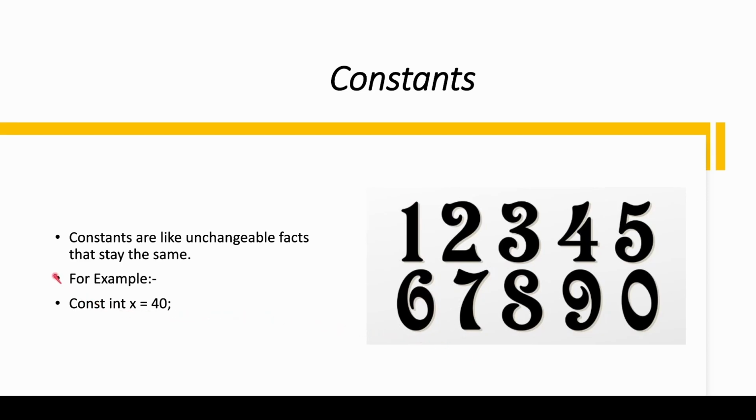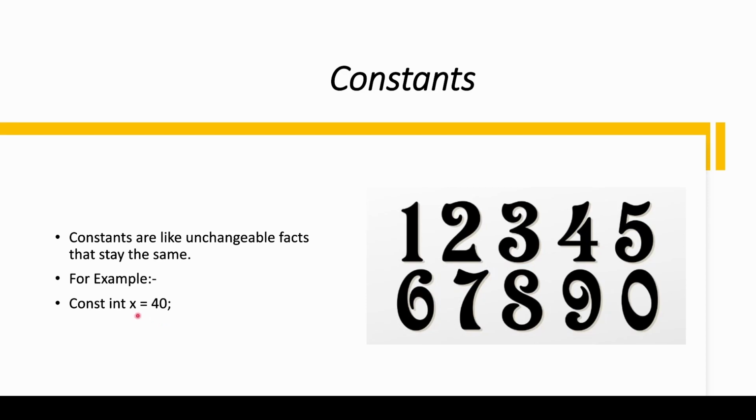Now I write the definition of constant: constants are like unchangeable facts that stay the same. In programming terms, I give an example. For declaring a constant, I always have to write const before the data type, which indicates that this variable is constant and will not change in future.